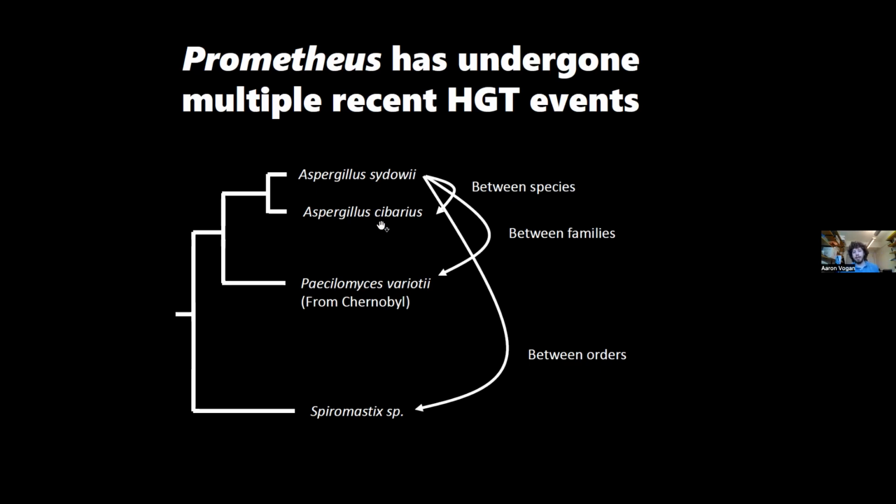So we see it jumping to other Aspergillus species. We see it jumping between families to a strain of Paecilomyces variotii, a different one than the ones I've been talking about. Interestingly, this one was found growing on the walls in Chernobyl, so that's pretty cool. And then we also see it jumping even between orders. And if you look at Prometheus and all of these 4 species, it's basically identical. This is clearly happening right now.